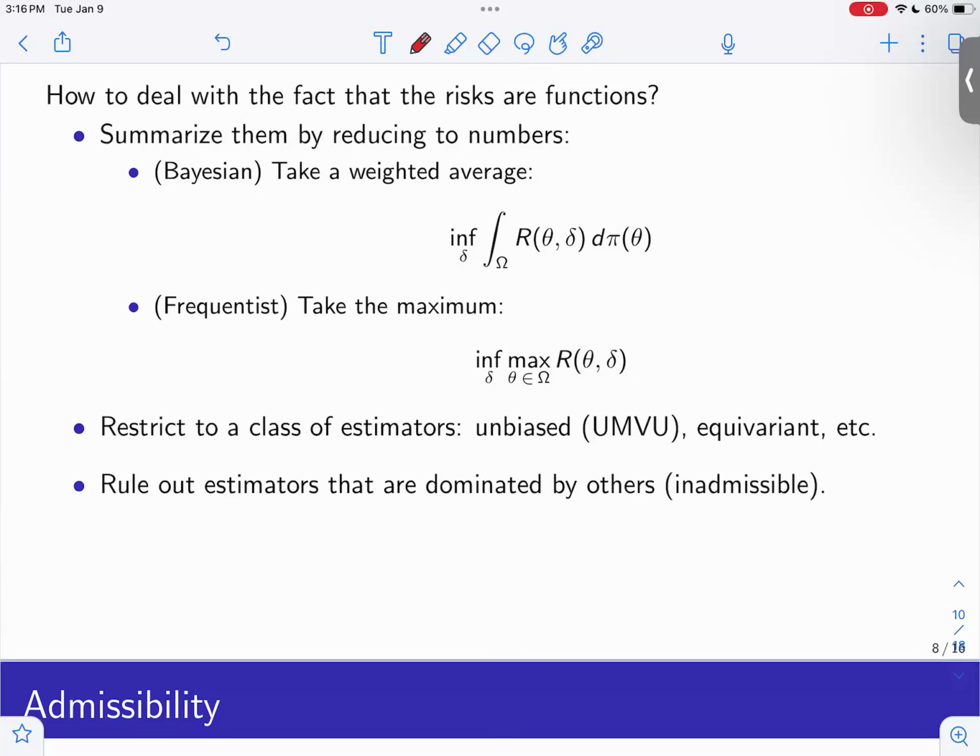What if the risks are all unbounded? The risk. Yeah, I guess you compare it to that maximum. You're thinking of the case when the risk is unbounded. You're saying that if for every estimator the maximum is unbounded, then we throw our hands up.